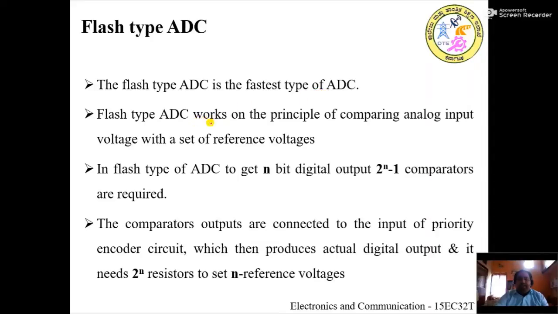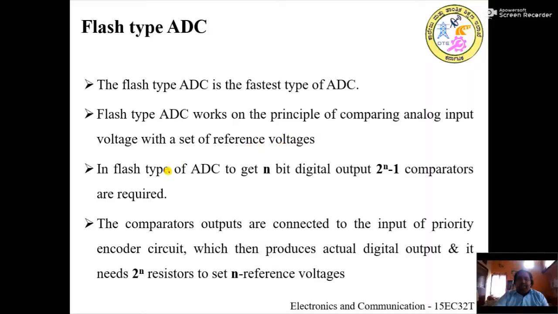The flash type of ADC basically works on the principle of comparing the analog input voltage with a set of reference voltages. Here the analog input voltage will be an unknown or unknown measured quantity. So this unknown quantity is compared with some set of reference voltages here.